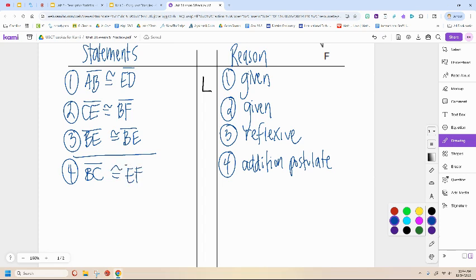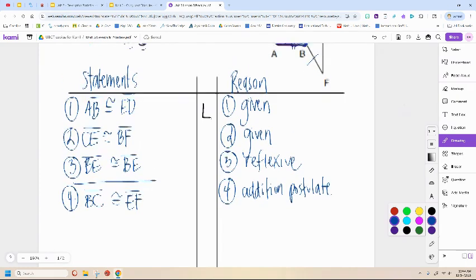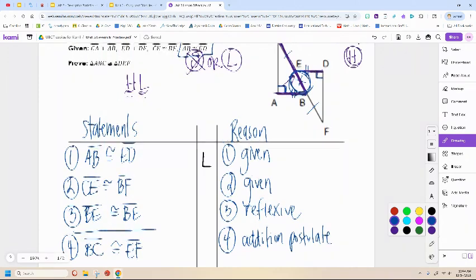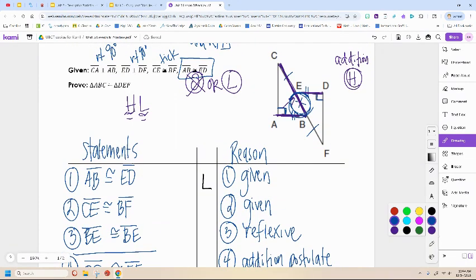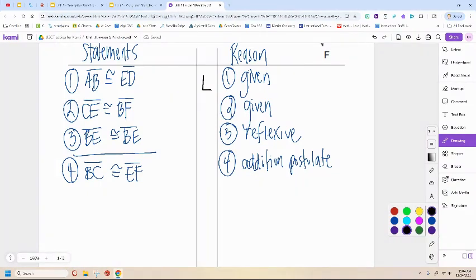So now I'm just going to take a pause and look at my picture. Is BC the hypotenuse? Yeah. And is FE the hypotenuse? Yes. So what am I going to put right here? The hypotenuse. So, for the 3 things, I now have 1, 2.